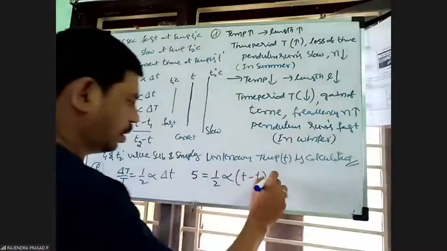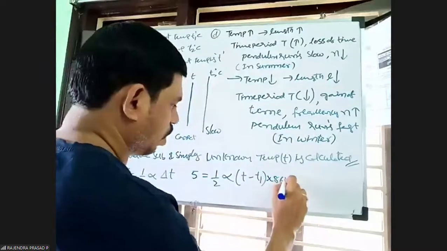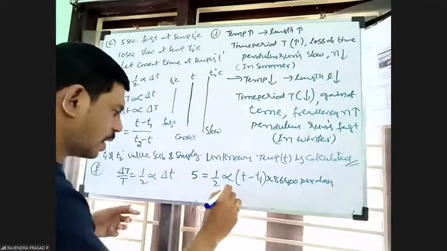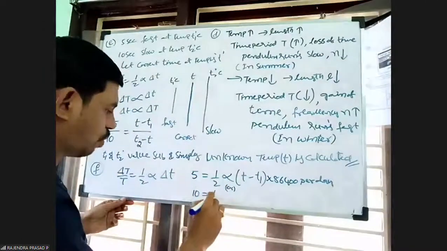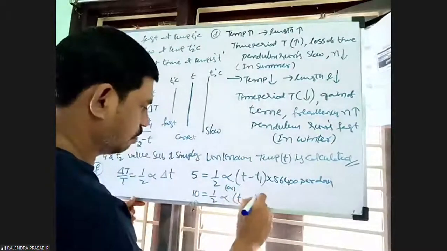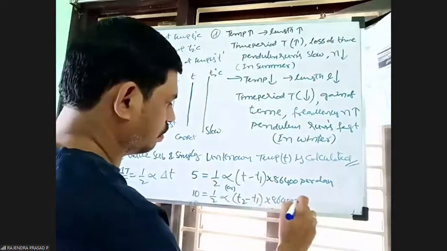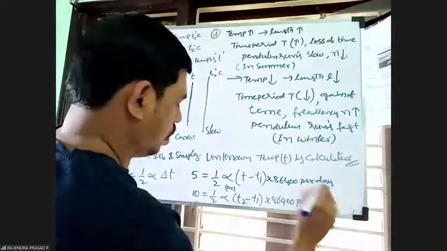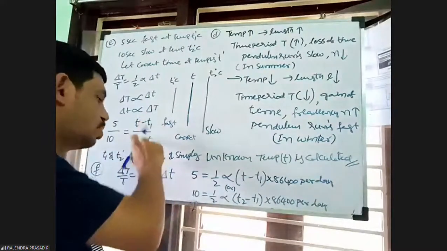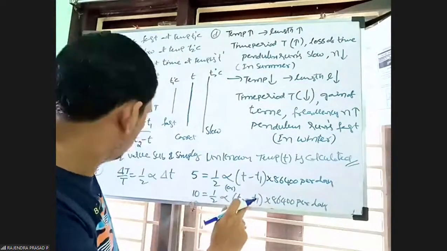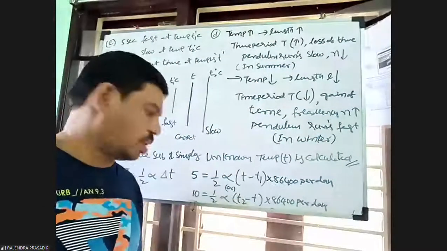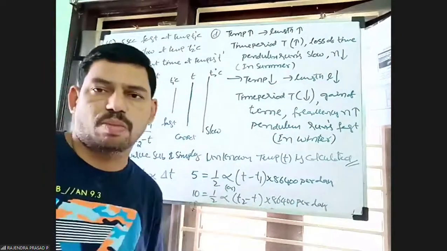For 10 seconds, substitute 1 by 2 alpha into T2 minus T1 into 86,400 per day, so alpha value is calculated. By substituting these two values, the T value is calculated. T2 minus T value substitute and the alpha value is calculated using this formula.